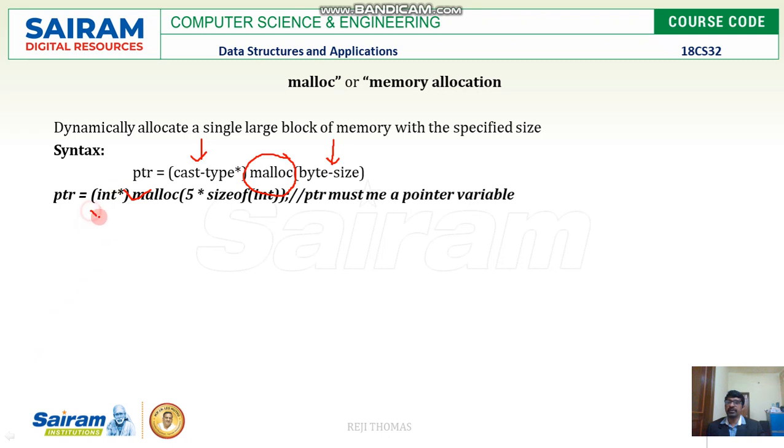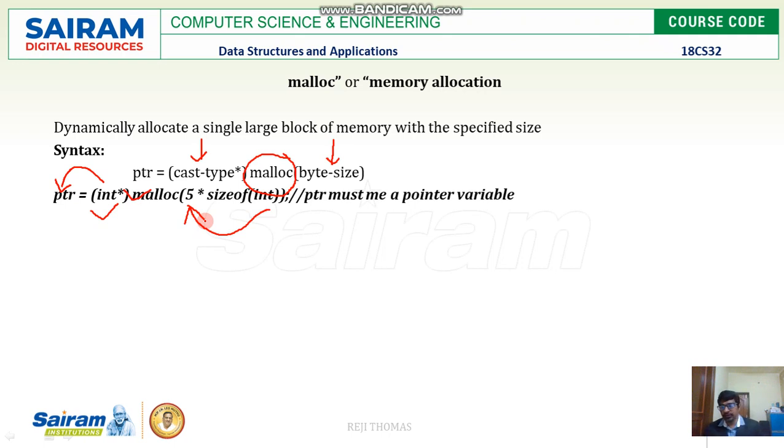We are going to typecast to integer because we are going to store integer values. For that, ptr is going to get the address. And see what is the size of integer. So we need space to store 5 integers. Why is it so? Because the integer size always varies from system to system.